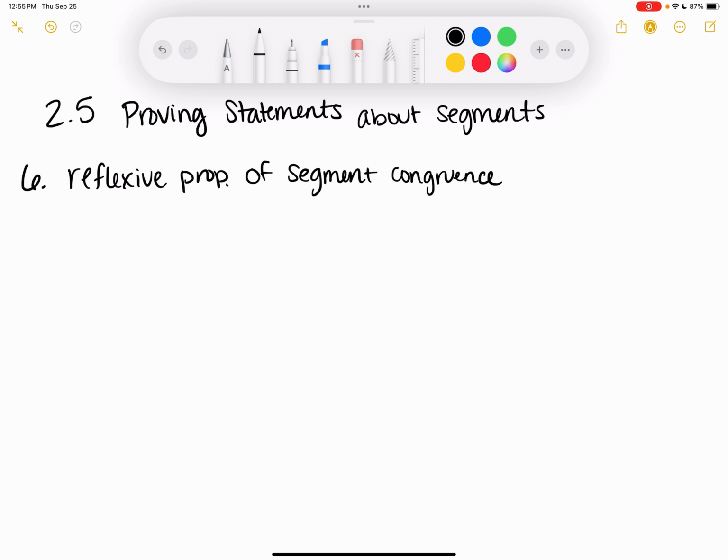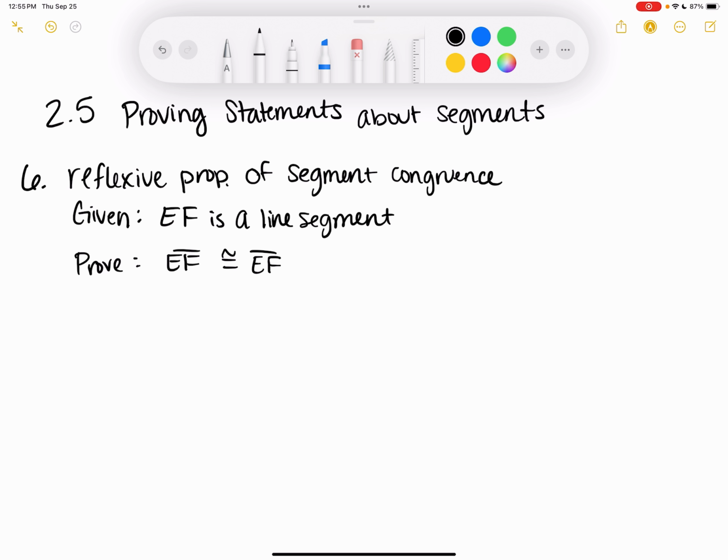So they tell us that the given is that EF is a line segment, and they want us to prove that segment EF is congruent to segment EF. And they show you a picture of a segment. Not really necessary, but they give it to us anyways.